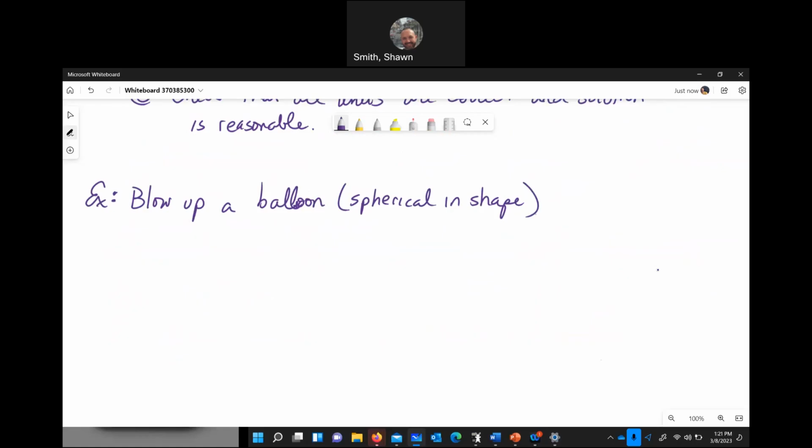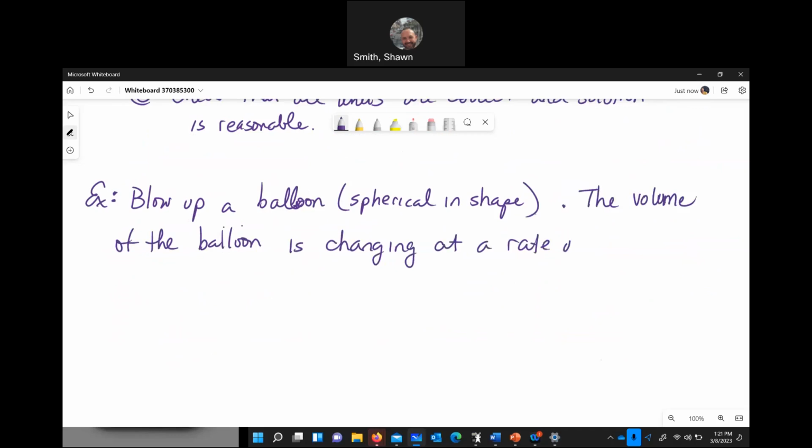Okay, so you blow up a balloon, spherical in shape, with air, and the volume of the balloon is changing at a rate of 100 centimeters cubed per second.